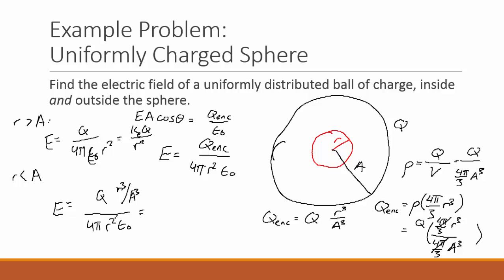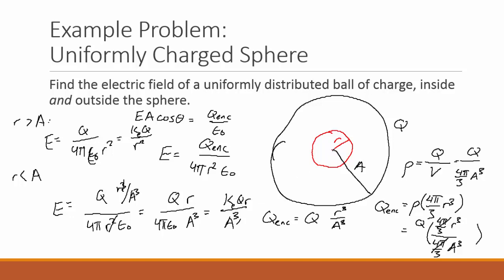And some of these powers get canceled out, leaving me with Q r over 4 pi epsilon naught A cubed. Or in other words, kQr over A cubed. So this means that the electric field actually gets stronger with a larger radius.